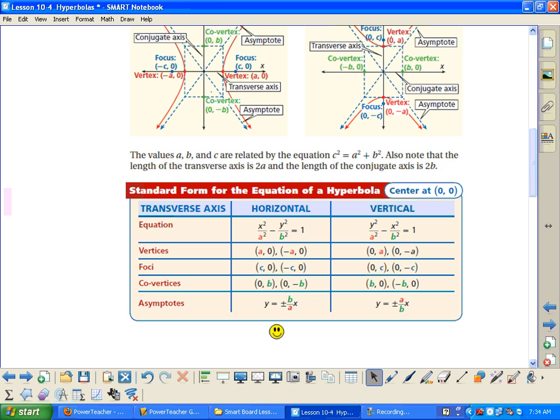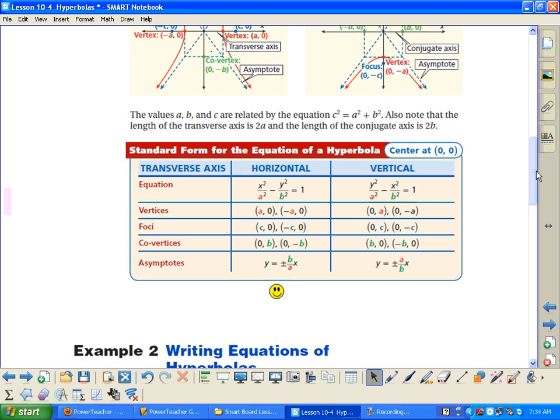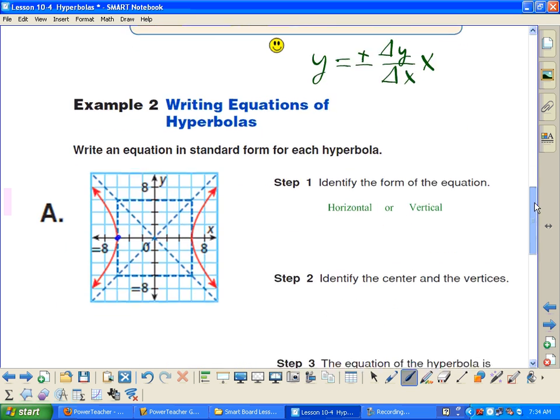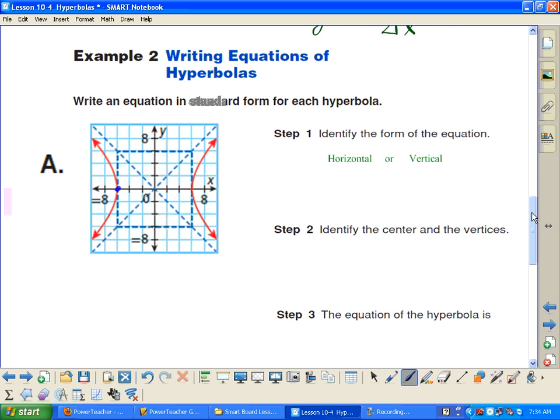So if it opens horizontally, b over a; opens vertically, a over b. You can just think of it as y equals plus or minus the change in y over the change in x, so just rise over run. All right, so we're going to look at finding the equations of hyperbolas.